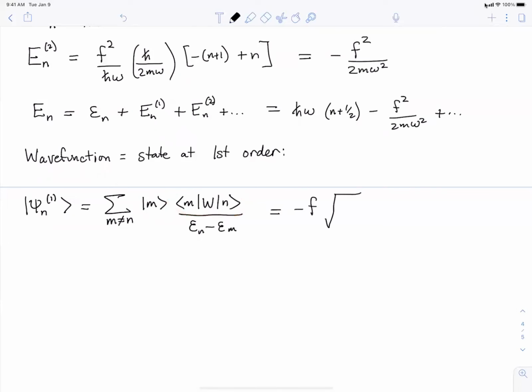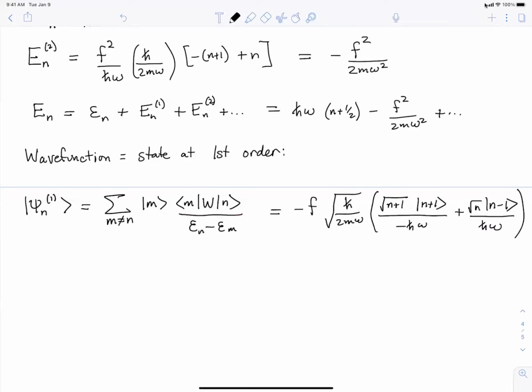And then in the matrix element, there was a square root of h bar over 2m omega. And then the matrix element gave a square root of n plus 1 times |n+1> over minus h bar omega. And then there was the other term, which was the square root of n times |n-1> over positive h bar omega.